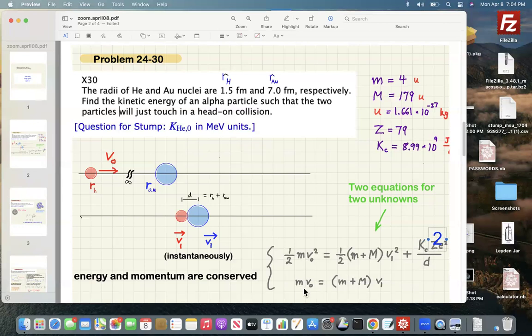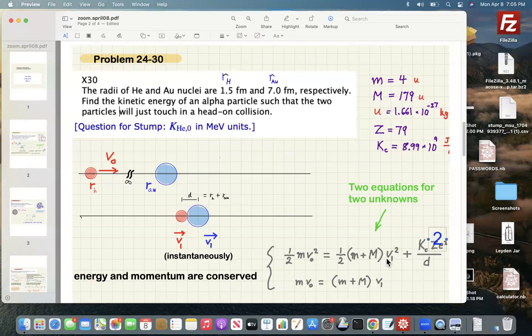So you have here two equations with two unknowns. What are the unknowns? The masses are known. The charges are known. What's not known? Well, the distance. No, that's known because that's just the sum of the radii. So what's unknown?